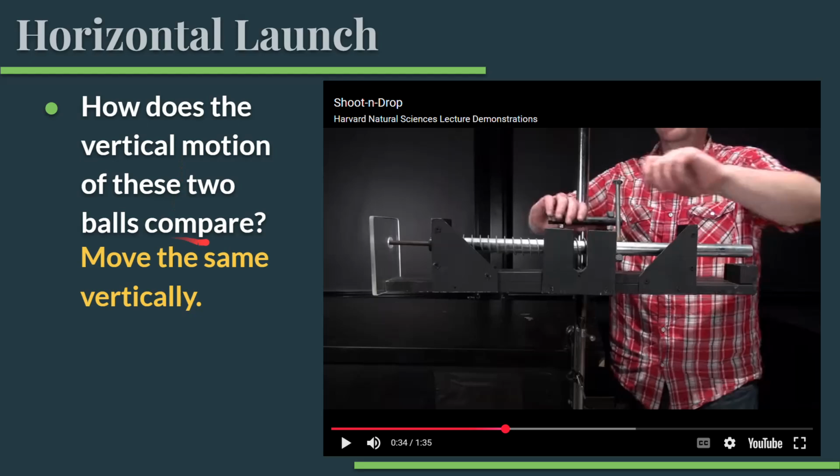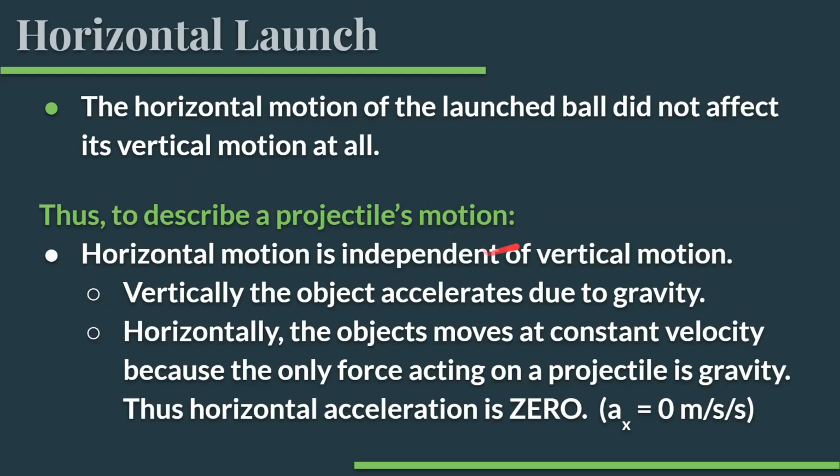So the fact that it's moving horizontally has no effect whatsoever. The horizontal motion has no effect whatsoever on the vertical motion. They're completely separate. And we're going to keep them separate when we do our math as well. You'll see that in a minute. But horizontal motion is independent of vertical motion.